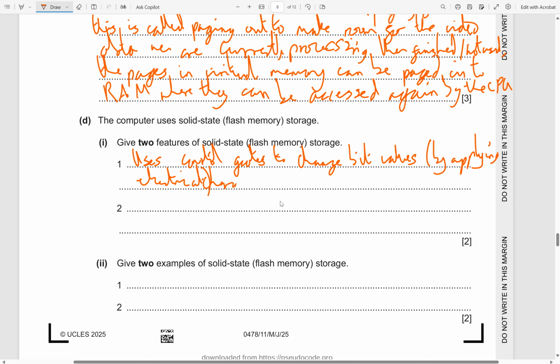I think that should be okay. And I'm probably going to write, and a floating gate, or floating gate transistor, to store electrical charge.